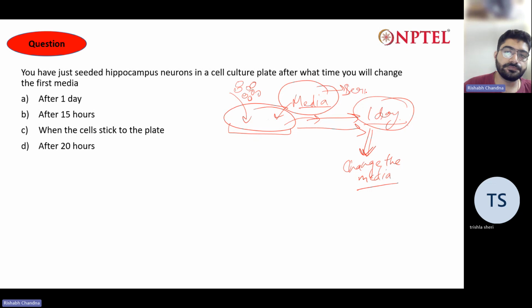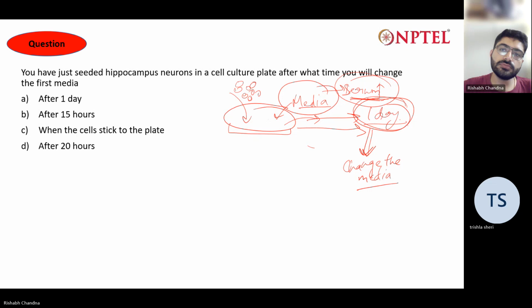In the media used for reviving or the first culturing of cells, the serum is high. So we have to change the media after 1 day because now the cells will face toxicity of serum. This can happen in many ways that we'll discuss next week.